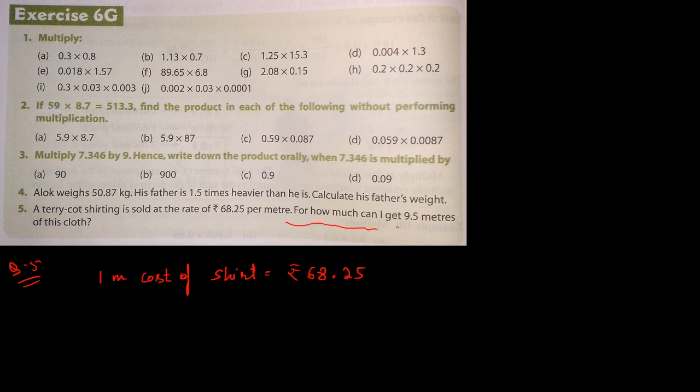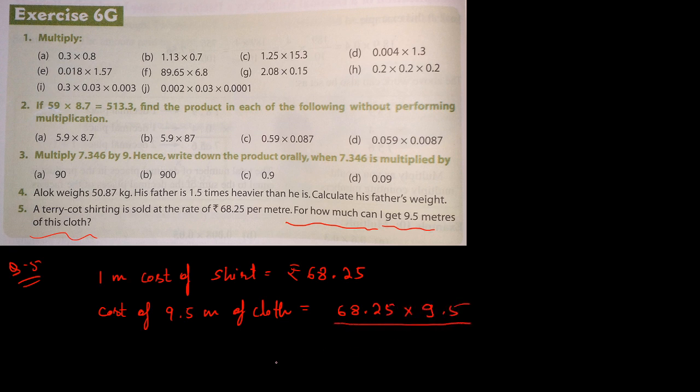For how much can I get 9.5 meters of this cloth? So what is the cost of 9.5 meters of cloth? It will be equal to 68.25 multiplied by 9.5. Now you have to multiply it and find the answer.